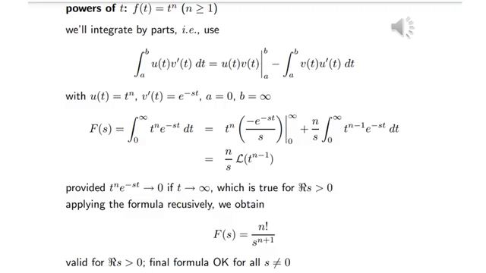But when it is multiplied by exponentials, e raised to power minus st is a decaying function, and it is controlling the expansion, while t raised to the power 1, 2, 3, 4, 5 is going to expand.